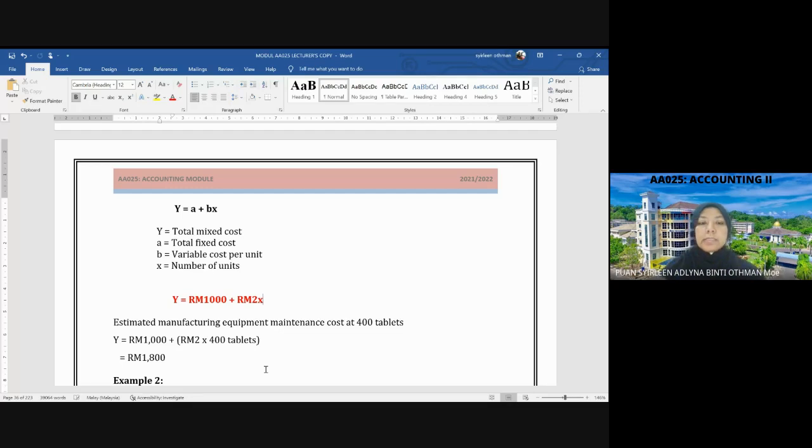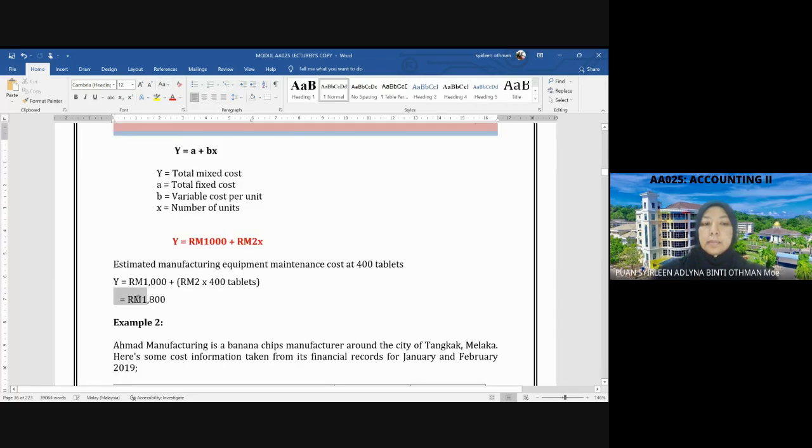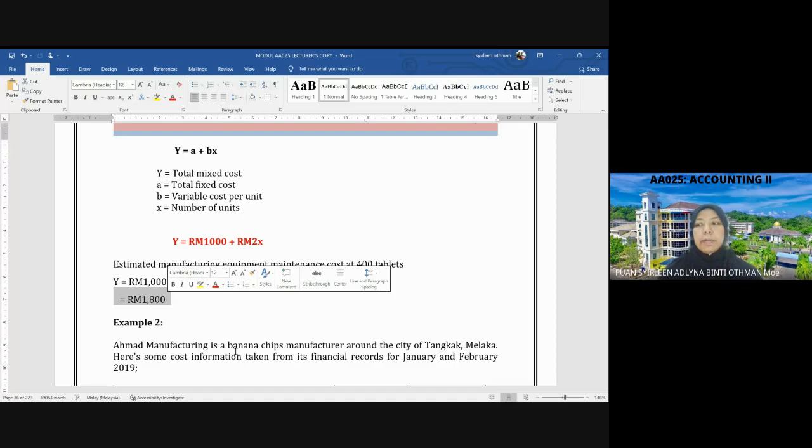Okay, so let's say saya estimate manufacturing equipments maintenance cost berapa agaknya kalau kita nak keluarkan hanya 400 unit tablet sahaja. So I can use the one in red ni, my cost equation yang saya dah bentuk tadi, saya gantikan 400 dalam X. Okay, so kita boleh kira kalau saya nak keluarkan 400 unit tablets, my cost maintenance is RM1,800.